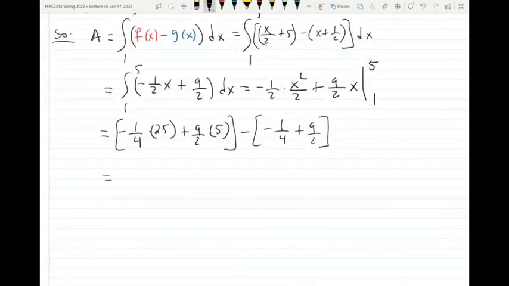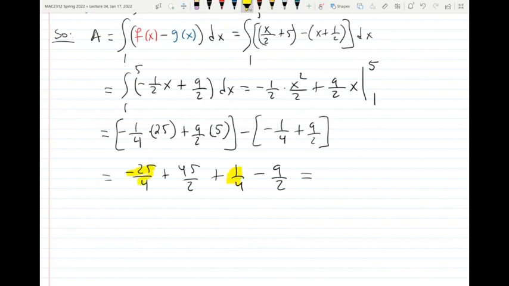And then calculate. So negative 25 over 4, plus 45 over 2, then plus a quarter minus 9 over 2. I can easily combine these two. Negative 25 plus 1, that's negative 24 over 4, but negative 24 over 4 is negative 6.